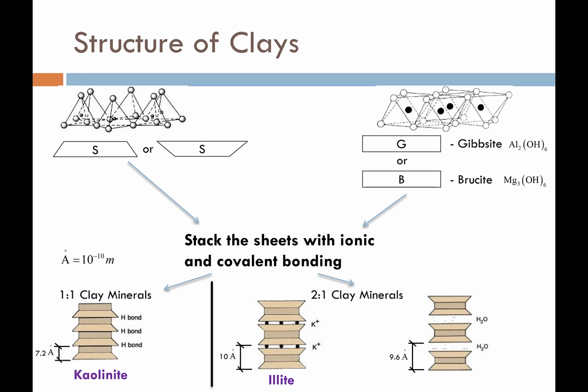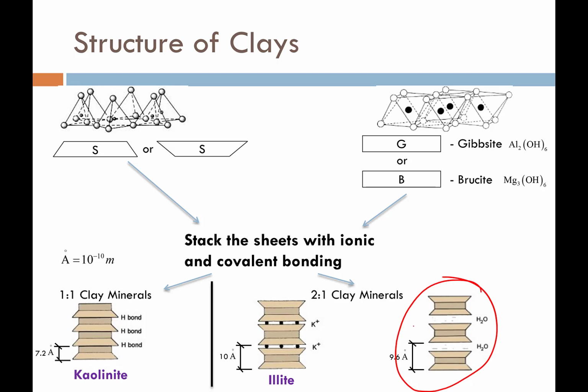If, let's say, we don't have a lot of cations or a specific set of cations to link these together, but we do have a lot of water, then we can get an arrangement that looks like this. The interesting thing here is this silica sheet and this silica sheet don't like each other and they don't want to bond. So they need something in between in this space in order to bond them.